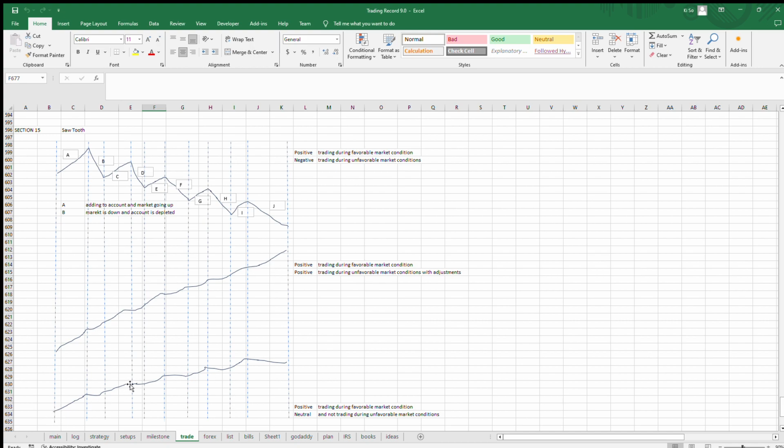Or I could have perhaps half the height of this P&L by not taking the trade where the market is trending down, and only trading when the market is going up.